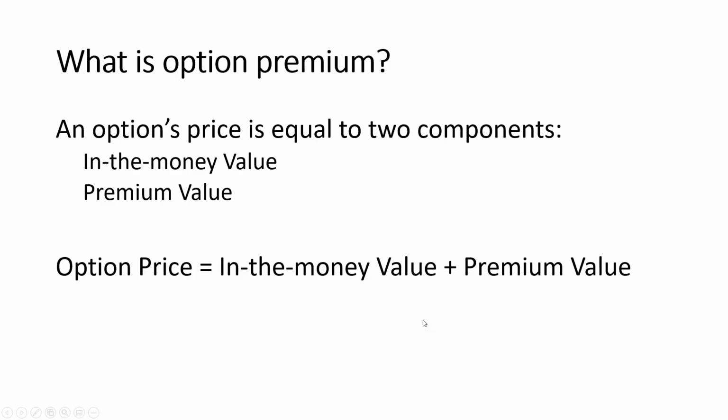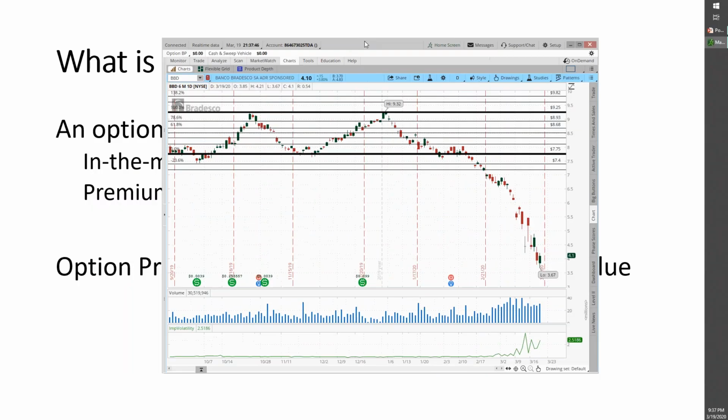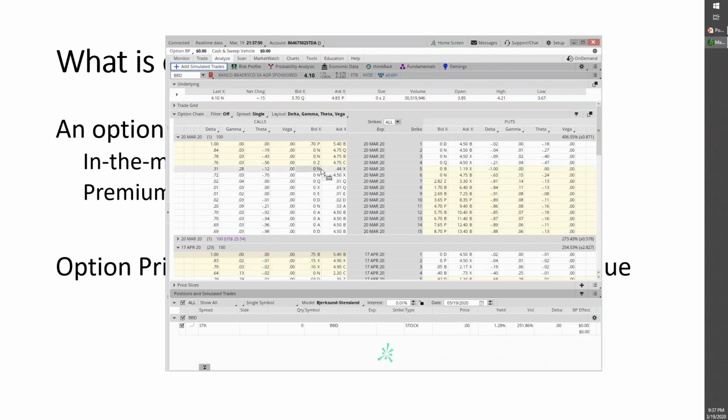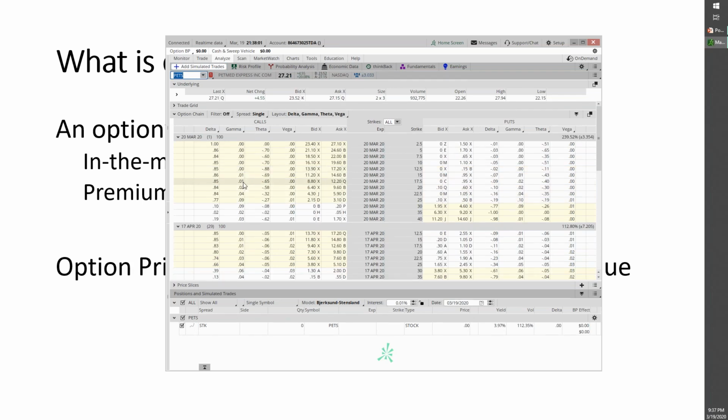Okay? Well, what's this option premium that you're trying to sell? Well, an option has 2 components. When you look up something, I'm going to bring over my Thinkorswim here. When you bring over any option price, for instance, I'm looking at BBD again, but let's bring up a ticker called PetMed.